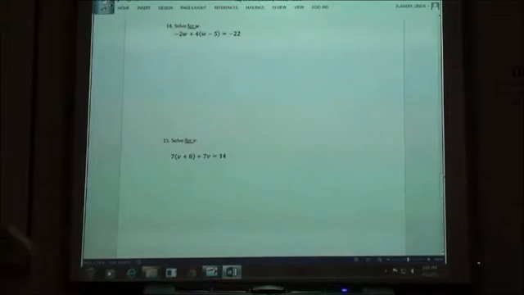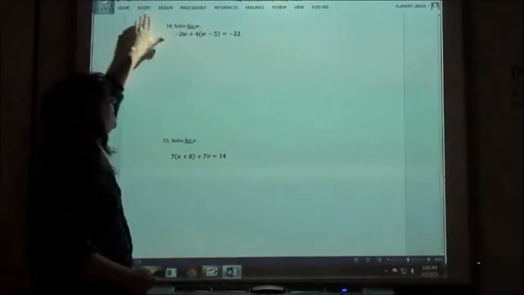So, number 14, we are going to solve that for w. And we look and say, it's got parentheses, so I know I got to get rid of those first. So, on this left-hand side, what am I going to have?